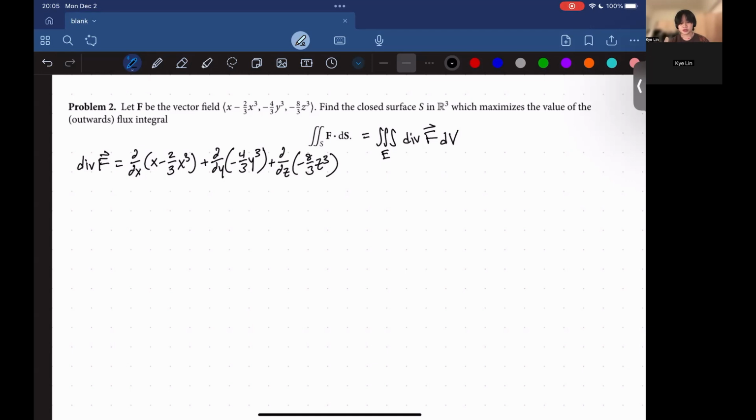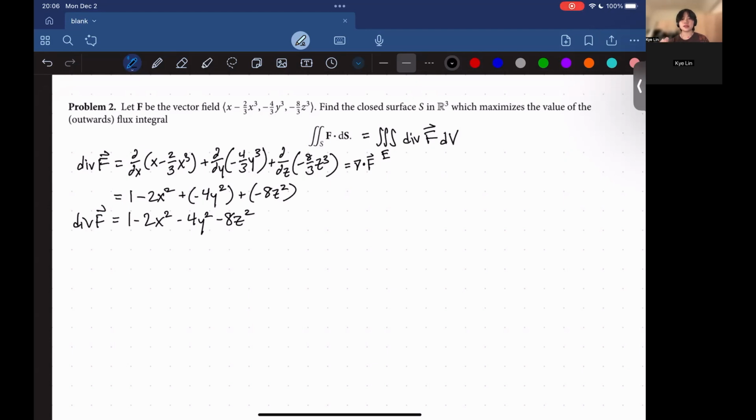And we know all this because the divergence of F is the gradient operator dotted with F. So if we compute all this out, we get 1 minus 2x squared minus 4y squared minus 8z squared. I'm going to write that a little bit neater, by taking out all the pluses when it should be negative, like that. So now we have our divergence of F.